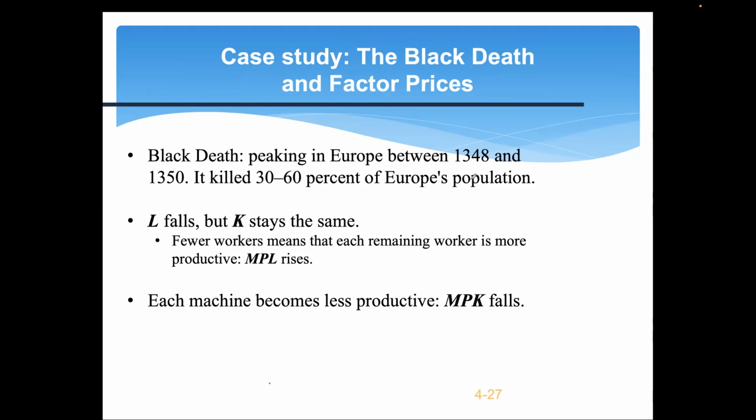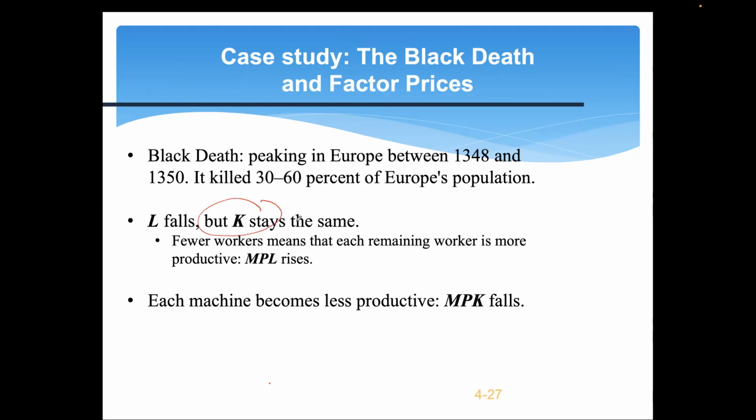Just in 2 years' time, they lost their workers, but the capital doesn't change, right? So they're not going to destroy the capital. It means the Black Death itself won't cause a destruction of capital. If it is a war, yes, it could be the case. It's going to destroy the capital. But the Black Death, a disease or virus, is not going to destroy the capital. So it is safe to assume K is fixed.